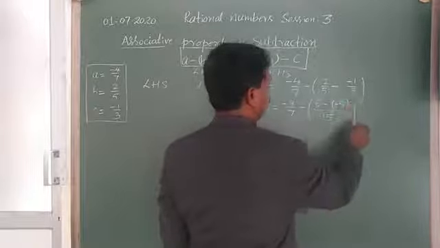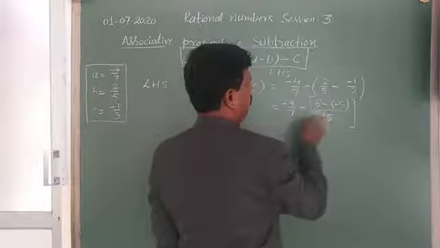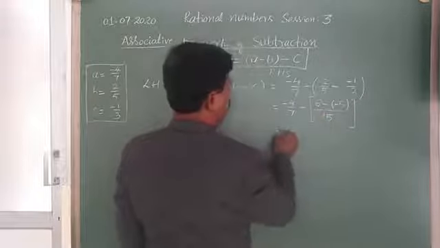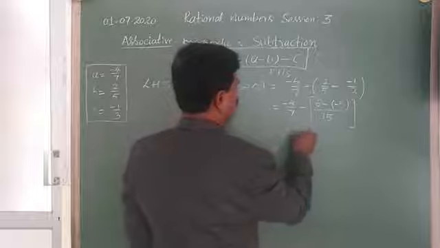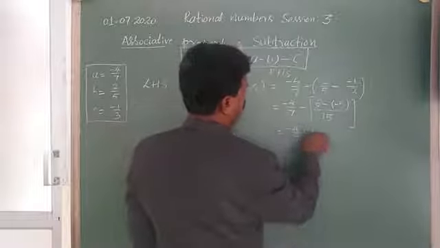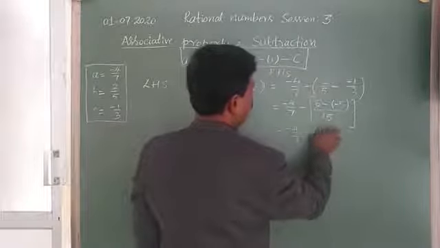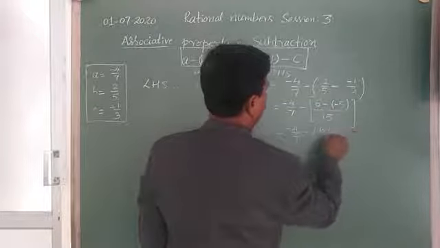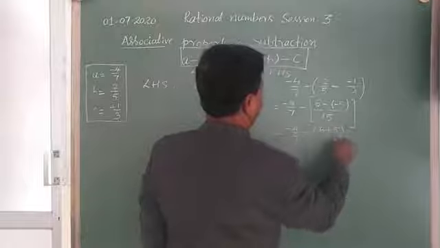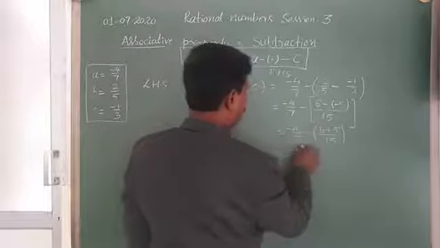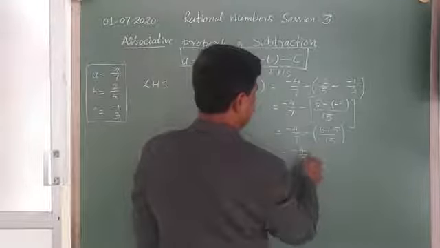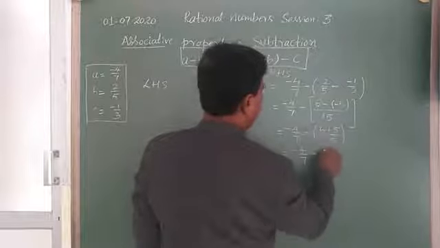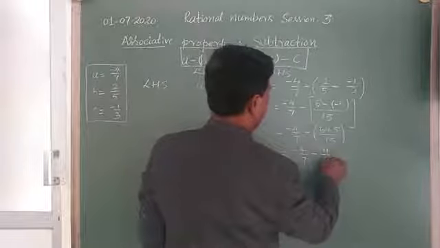Close the bracket. Now this is minus 4 by 7 minus of 6, minus into minus is plus, 5 by 15. So this is minus 4 by 7 minus 6 plus 5 is 11 by 15.